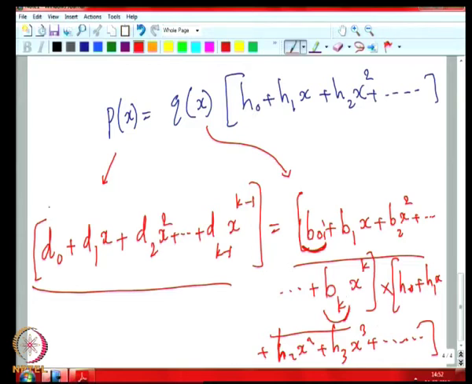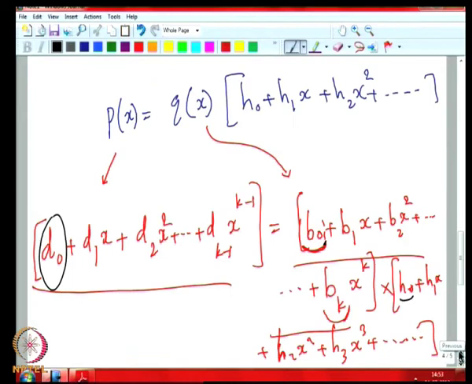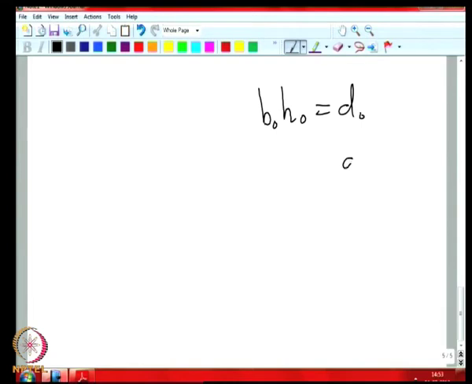The constant term here is d0, and on the other side the constant term will be b0 into h0. There is no other contribution to the constant term. So we get b0 h0 is equal to d0. Now we can look for the coefficient of x. The coefficient of x here is d1. So we write d1 equal to what?